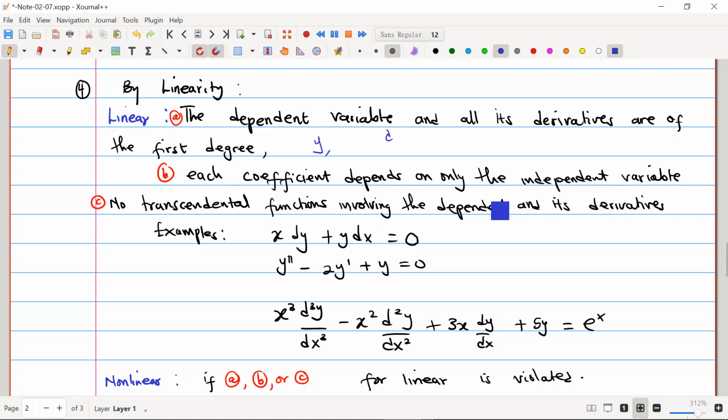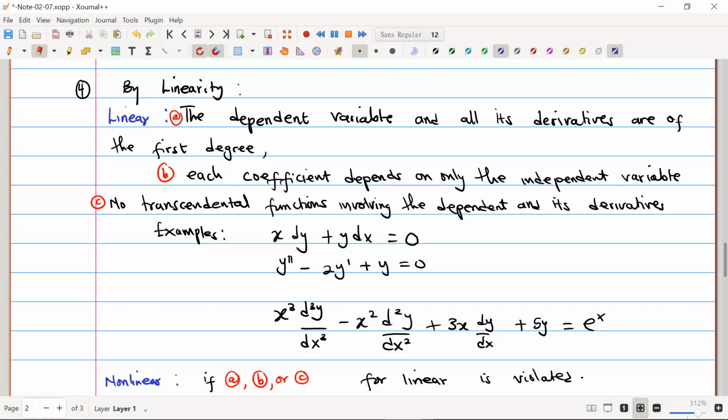So if you have a second derivative, d squared y dx squared, and then there's a power other than 1, let's say 3 here, then this is non-linear because the power here is 3. Now when the power is 2, this is still non-linear, but if the power is just 1, then this is linear because the derivative should be of power 1 or first degree, right?